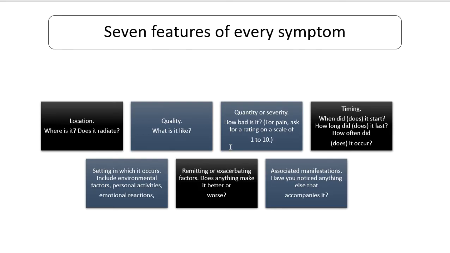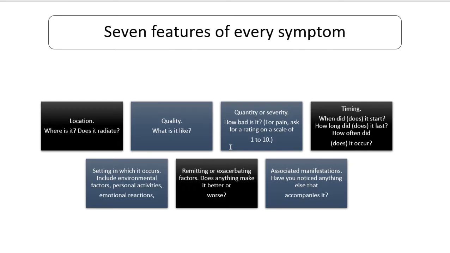Then the associated manifestations, whether it's associated with nausea, sweating, right? Whether it's associated with any other symptoms, does anything accompany it? Likewise, you have to ask. So those are the 7 features of every symptom you can ask about, right? There's a mnemonic called SOCRATES, you can Google and see.